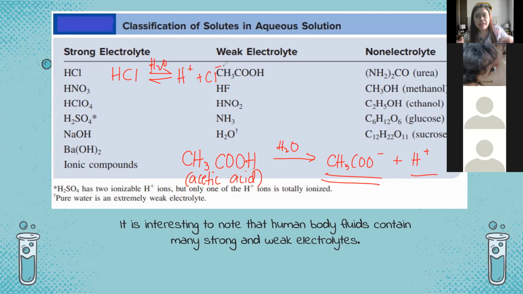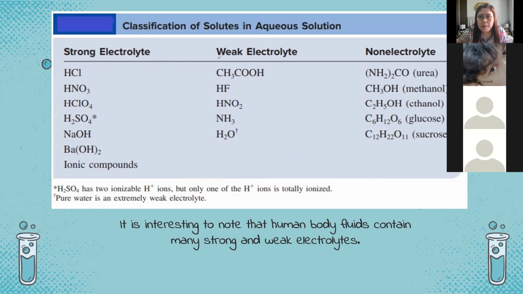Hindi lang complete, pero nag-a-ionize pa rin. Now, in terms sa pag-conduct nila ng electricity, syempre weak din ang pag-conduct nito ng electricity. So by the way, water itself is an electrolyte. It's a weak electrolyte. So water will definitely conduct electricity. Pero dito lang siya has a weak electrolyte.